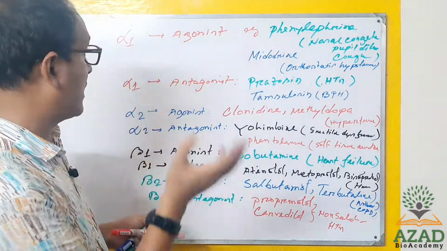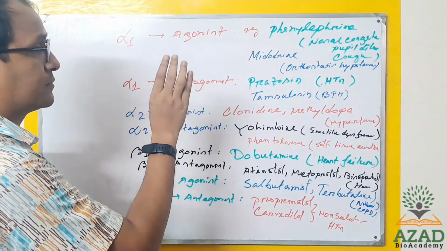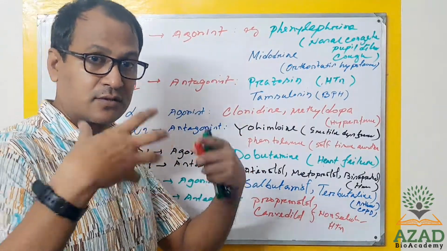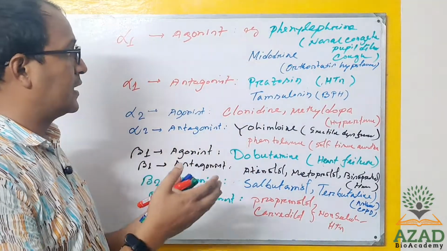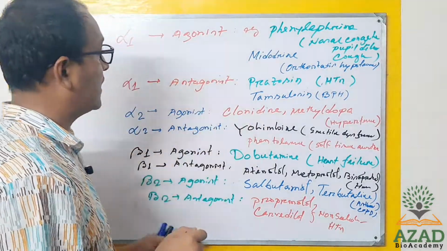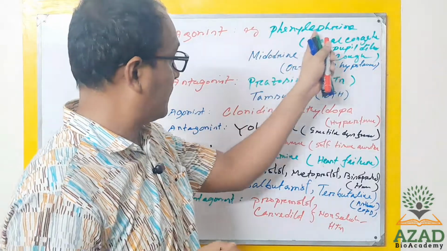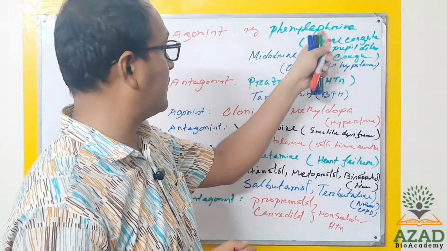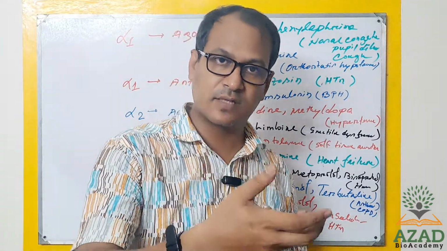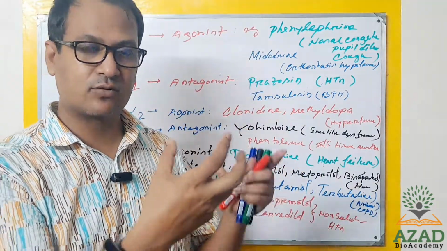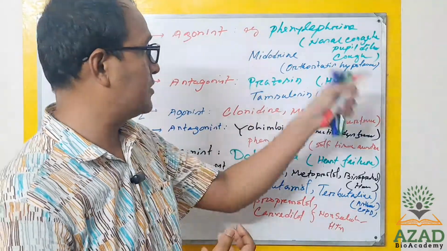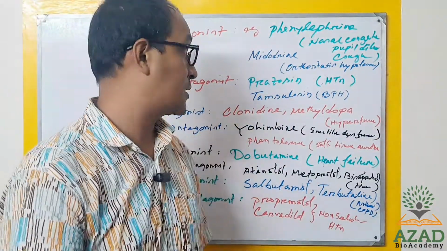So what will happen if you take a drug that will make the contraction of the blood vessel, then you will get some benefit to a certain extent for certain regions. That is, if you take phenylephrine, that phenylephrine can be used for your nasal congestion. You are suffering from nasal congestion, you can take it, and that will contract your blood vessel within your nasal route, and it will help to remove the nasal congestion.